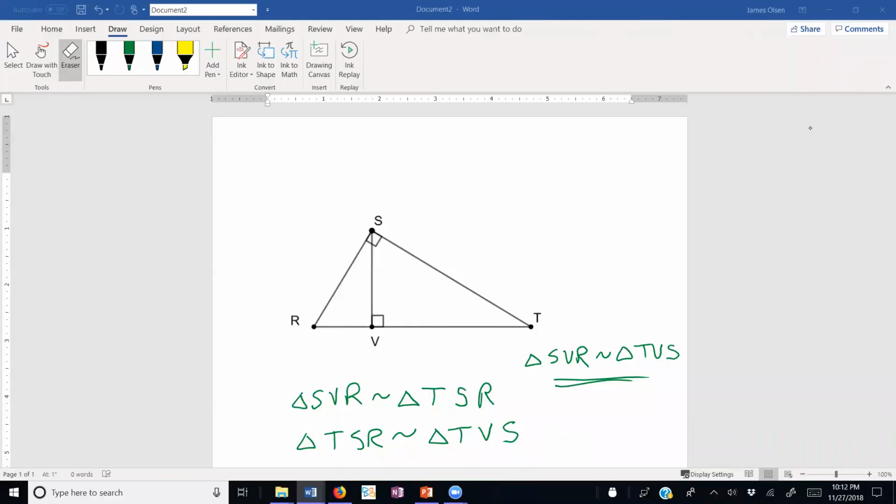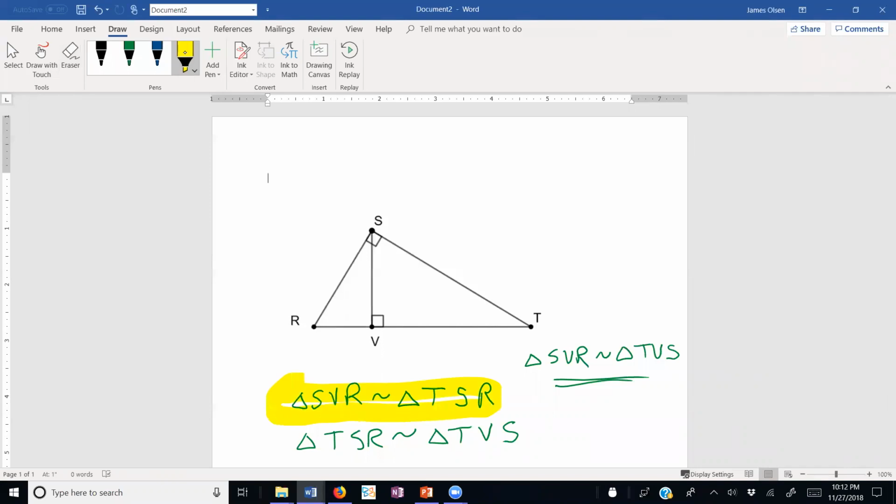Another interesting question would be to show the similarity using a sequence of transformations to show this similarity.